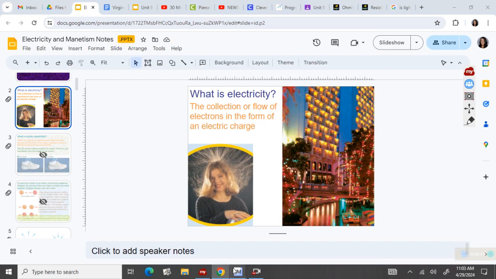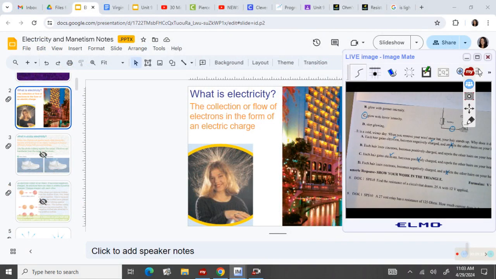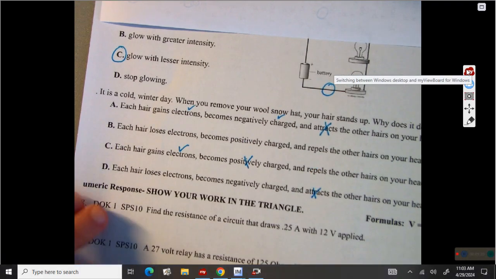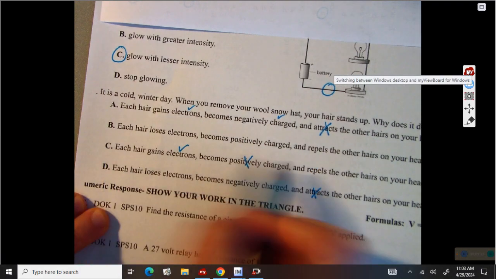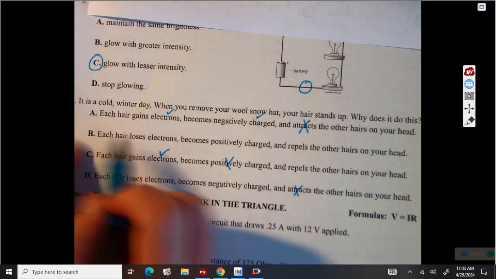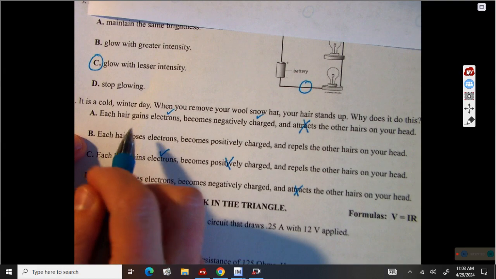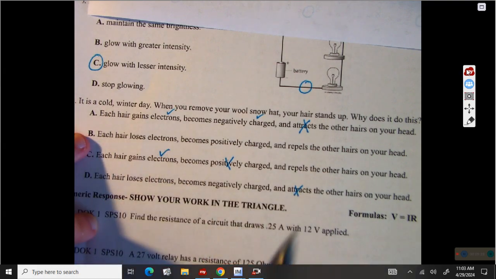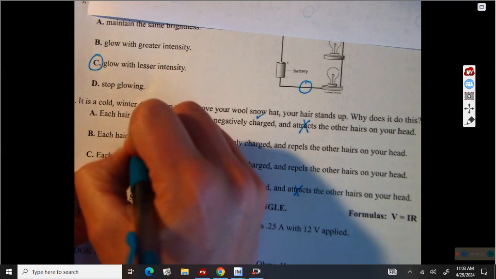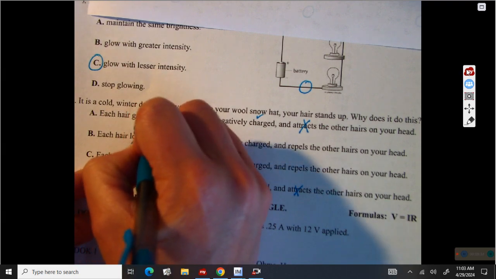So on this page right here, what we need to do is change the ones that are incorrect to make it correct. So let's just say it's B. Okay, I don't want you to circle any one answer. I want you to change an answer to make it correct. So the hair is going to gain electrons.